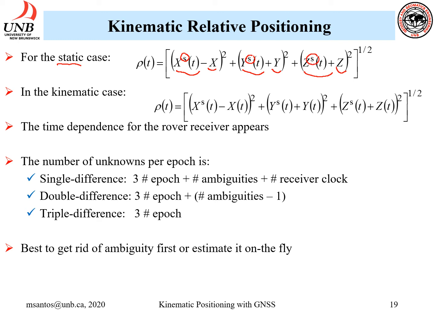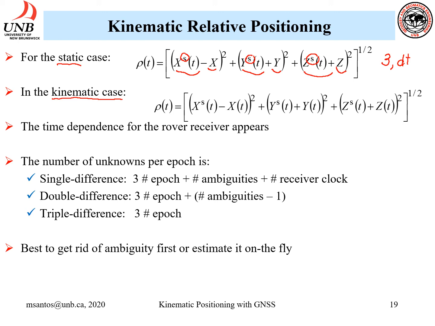And of course, the satellite is moving, therefore these coordinates, the orbits, will be changing all the time. But the receiver, the unknown receiver, is static. Okay, so which means that we have only 3 receiver components as unknowns, and of course we have the receiver clock. In a kinematic case, it is different.